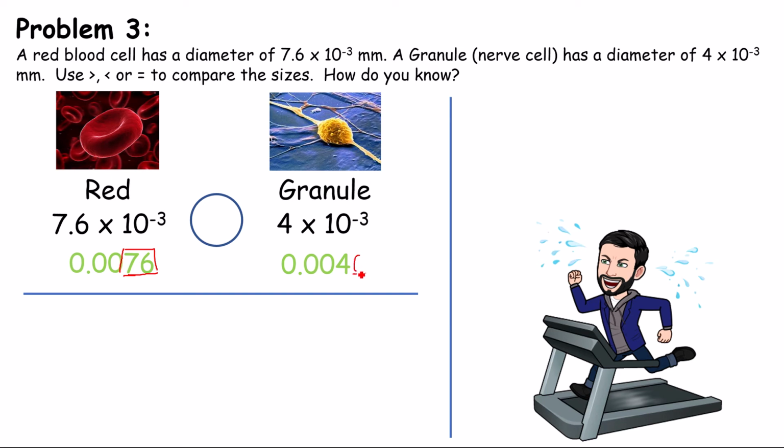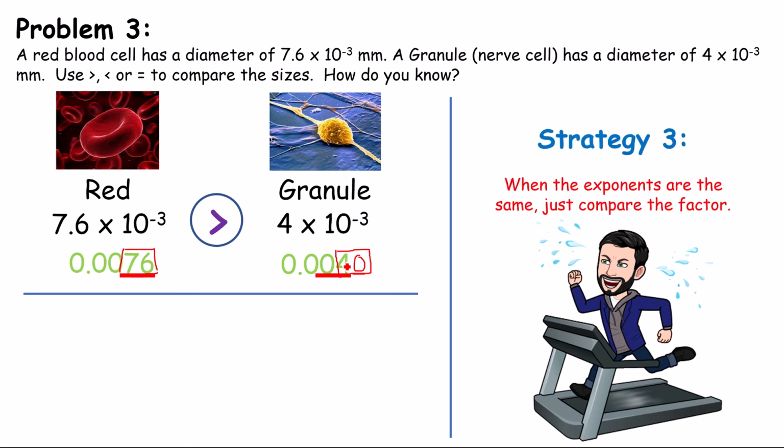This would be the 10,000ths place. It's 40 10,000ths. Notice that when I write them so they have the same number of decimal places, it's very easy for us to tell that 76 10,000ths is going to be greater than 40 10,000ths, or 4 thousandths. Greater than.